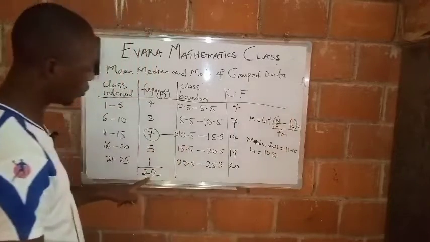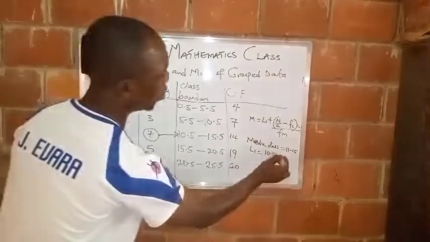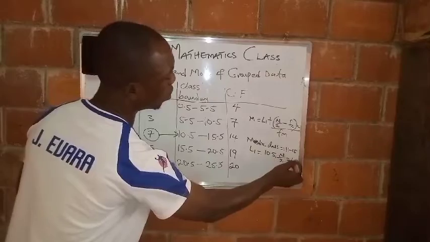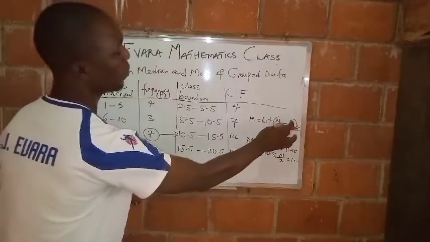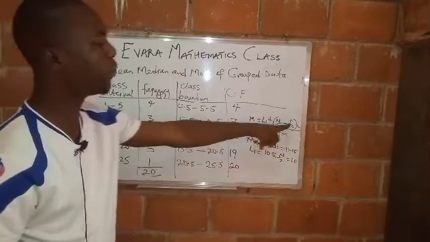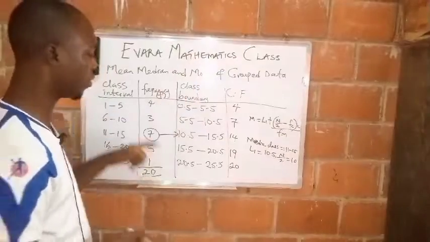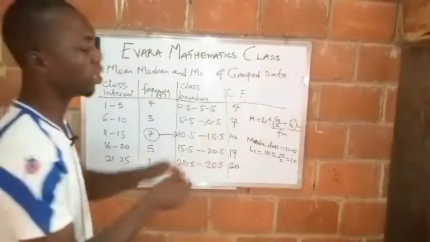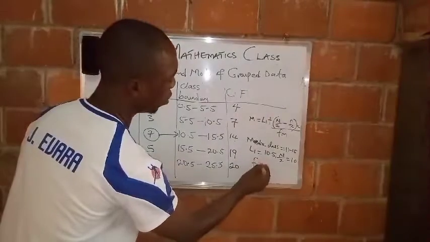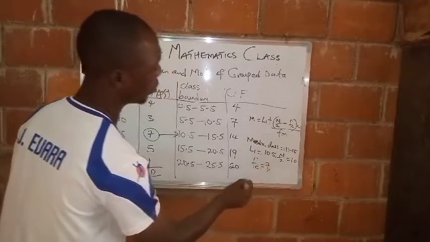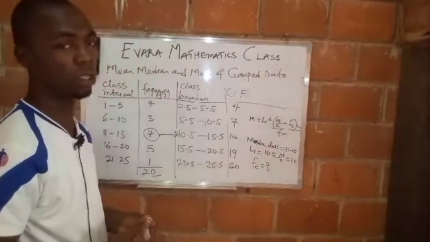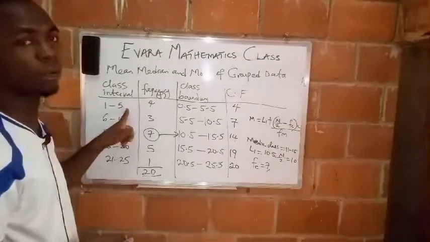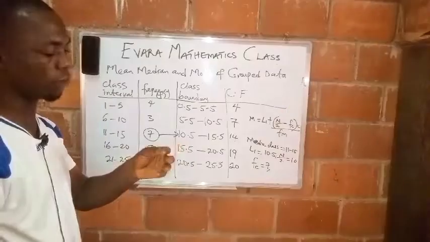N over 2 means total frequency divided by 2. 20 divided by 2, that is 10. FC is the cumulative frequency before the median class. This is the median class. The cumulative frequency before the median class is equal to 7. C is the class size. What do we mean by class size? Look at this 1 to 5. Just count 1, 2, 3, 4, 5.